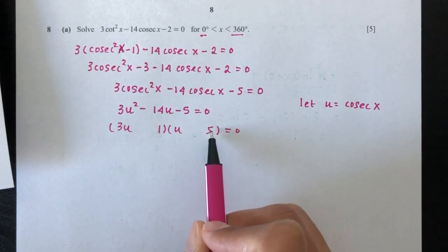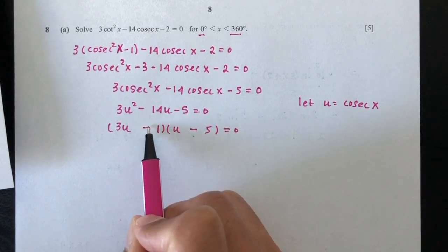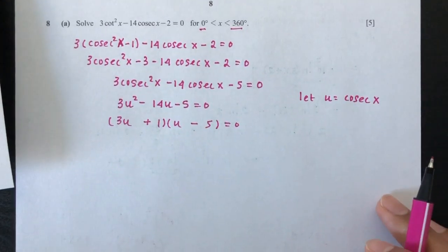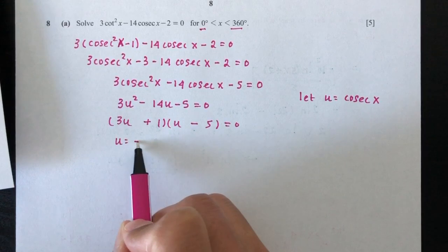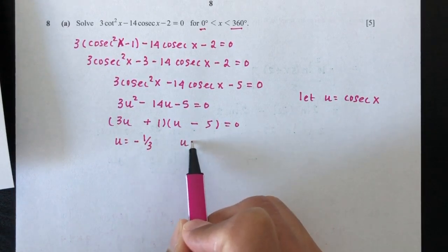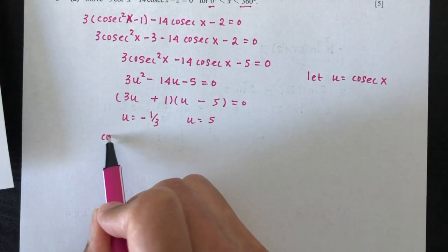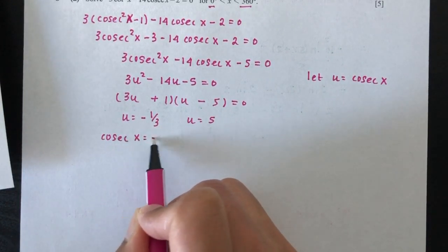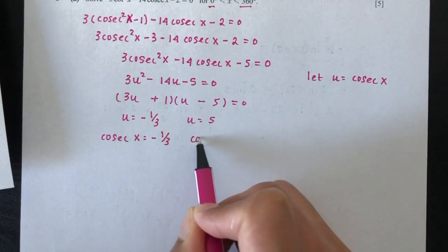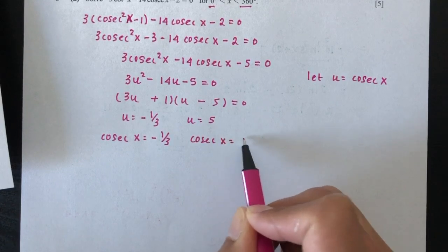So 3 times 5 is 15. It needs to be minus 15 plus 1 for us to get minus 14. So u will be minus 1 over 3 and u will be 5. Now u is cosec, so cosec x is equal to minus 1 over 3 and cosec x equal to 5.